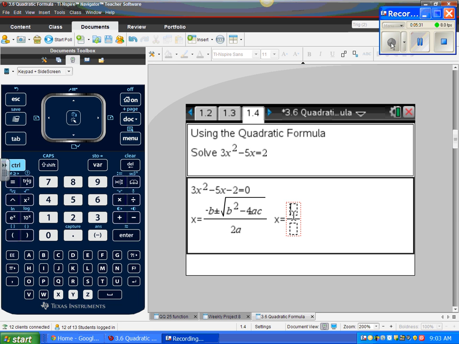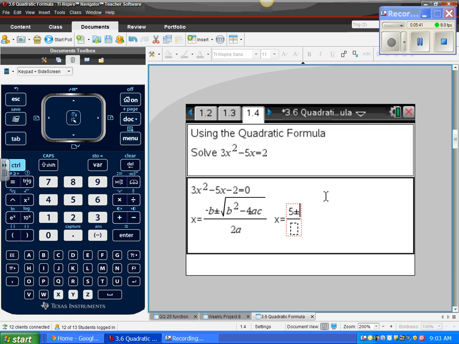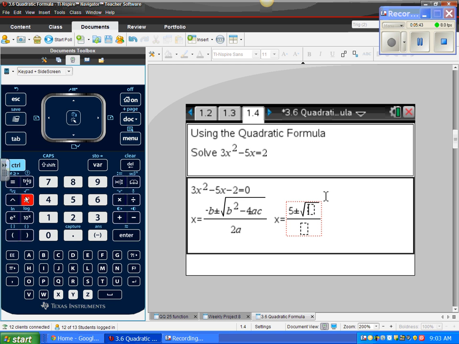Okay, so what's B? Negative 5. Since it has to be a negative B, negative 5 becomes a positive. So 5 plus or minus the square root of, what's B again? Now, very important. If it's negative, it has to go in parentheses. Because what happens if you don't put it in parentheses?